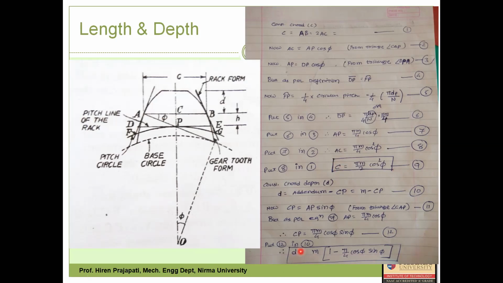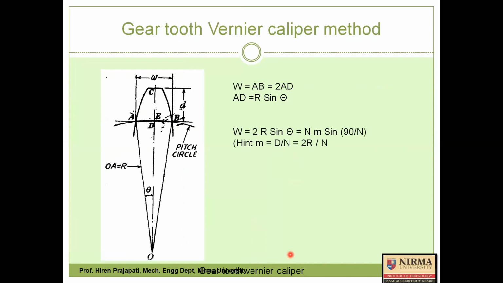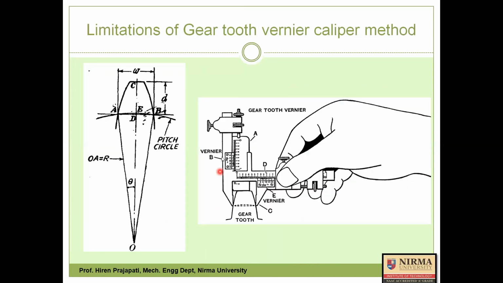Now I'm going back to our gear tooth vernier caliper diagram. Just remember this C and D. This is the gear tooth vernier caliper, and the same D is used here.